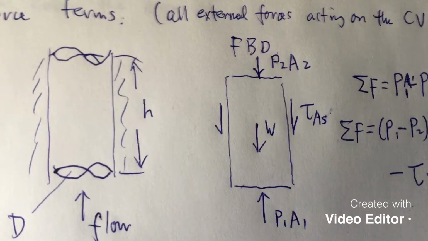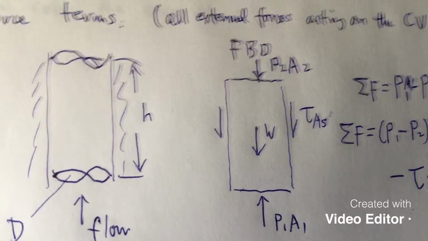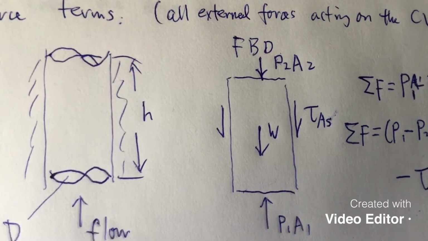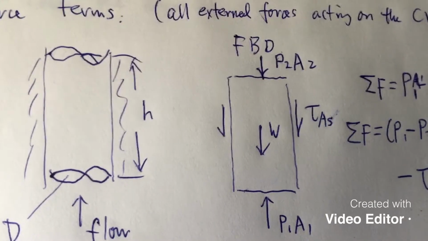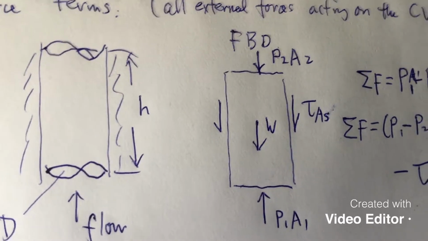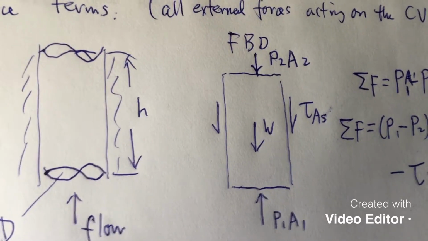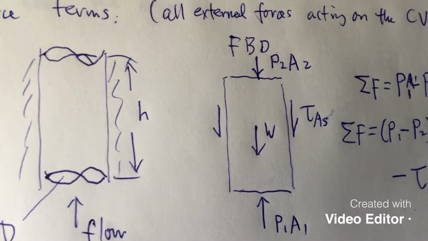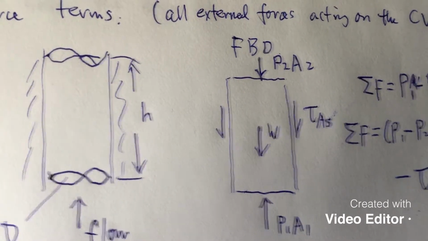But notice the flow direction is going upward, but for P2A2, the direction of that force is going down, towards the surface. Remember, all the pressure forces are towards the surface. Just like when you're underwater, for example, you feel pressure.